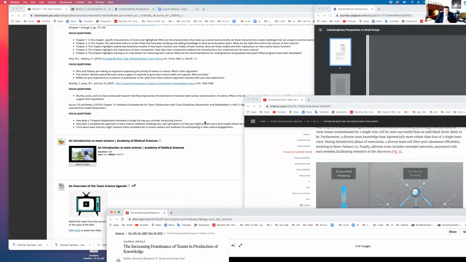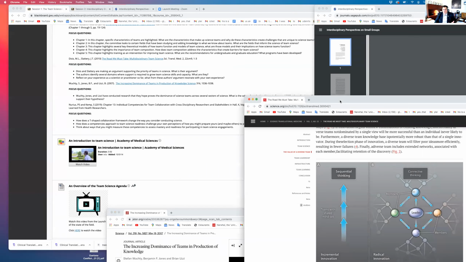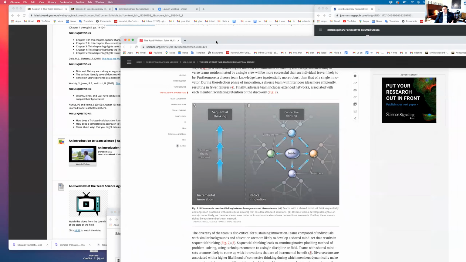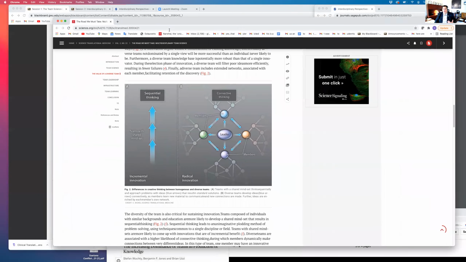But as you can see, what we've tried to include in this session 1 is not just the nomenclature, not what the words are, not just what the issues are, but a little bit of how team scientists tend to work with these problems and how they tend to gain evidence from research around teams.